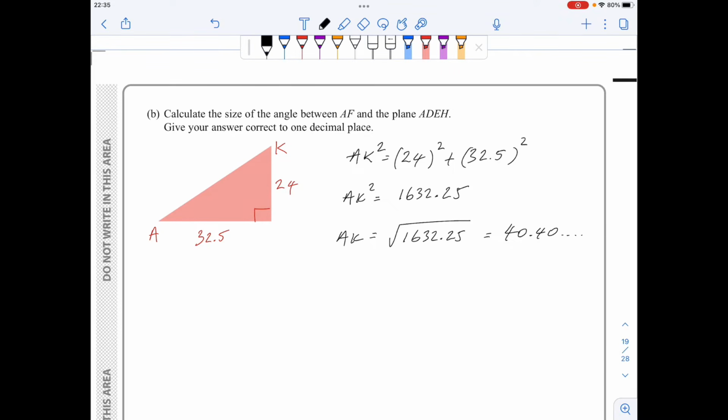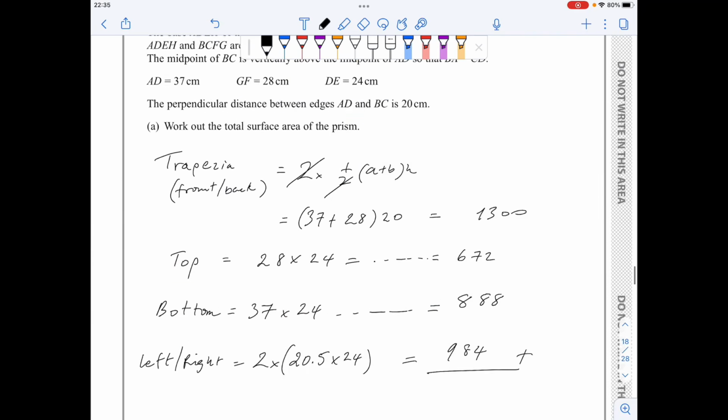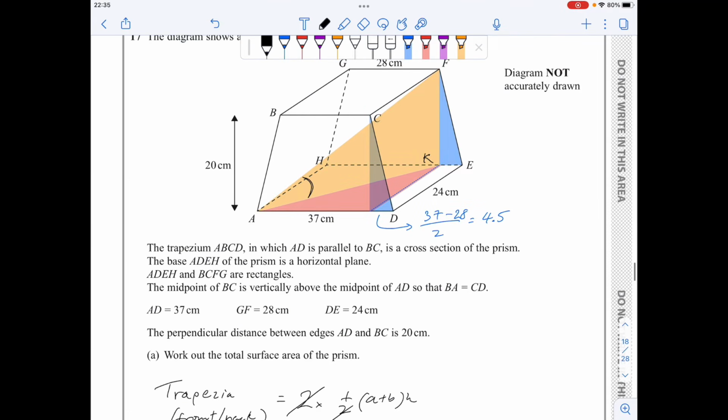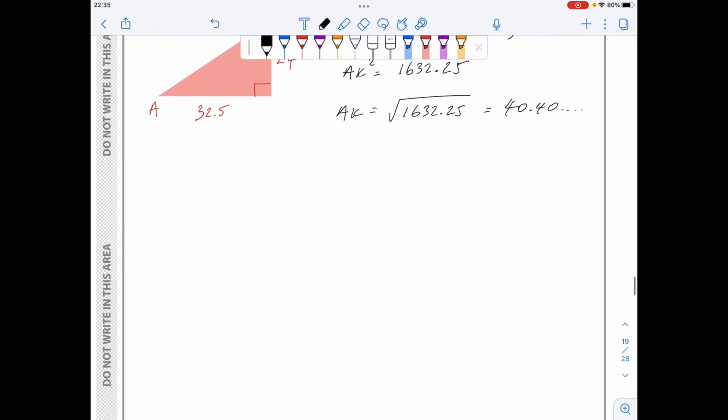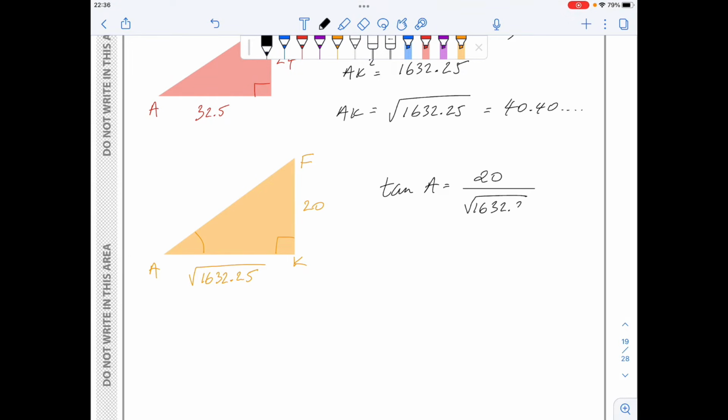So now that I have found AK, I can work with this orange triangle. So the required angle is tan A equals opposite, which is 20 over the square root of 1632.25.